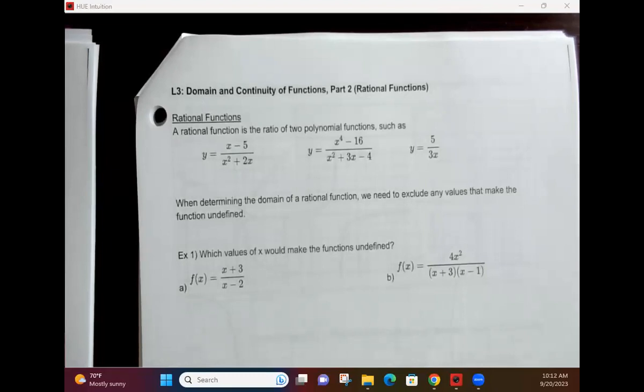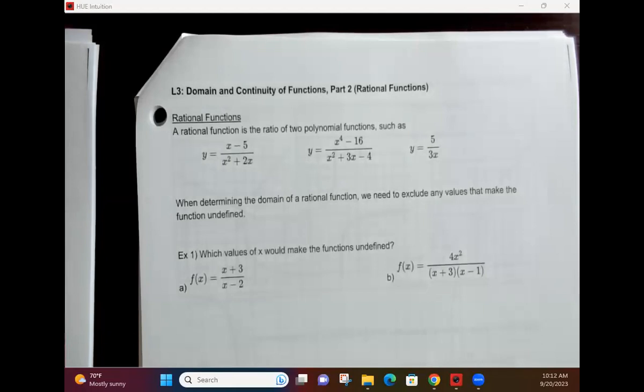So a rational function is defined as a function that is the ratio of two polynomials. It looks like a fraction where the top and the bottom are both polynomials. Polynomials, remember, are variables that have integer exponents, usually positive integer exponents.